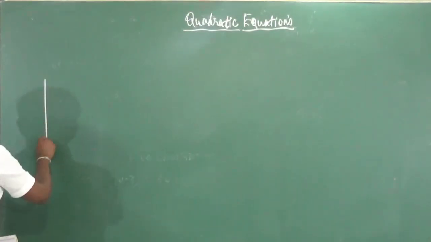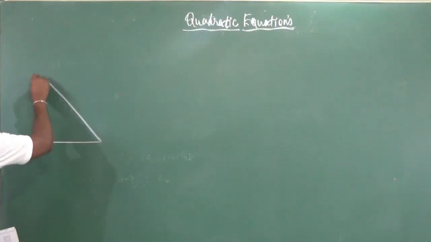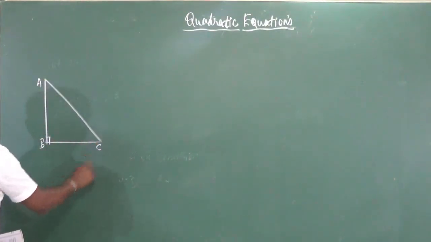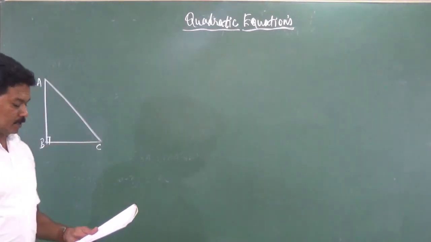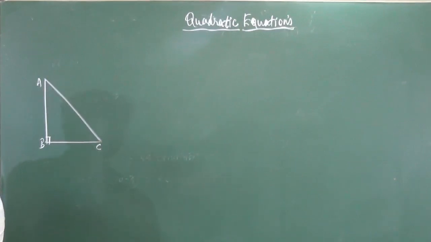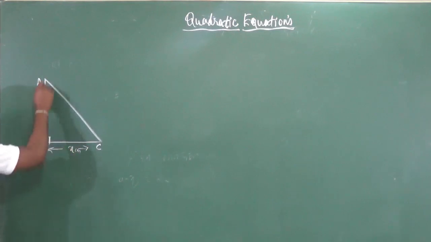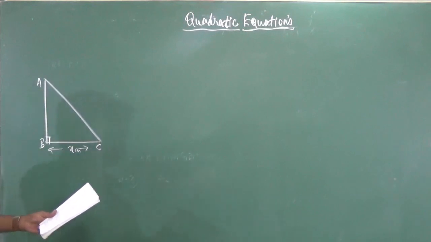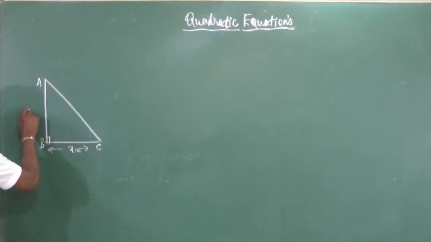So let us consider a right angle triangle. I hope your geometry teacher has taught you what a right angle triangle is and how to apply the Pythagoras theorem. The altitude of a right triangle is 7 centimeters less than its base, so you have to guess the base here. Let the base of the triangle be x centimeters, and the altitude is 7 centimeters less than its base, so that is x minus 7 centimeters.